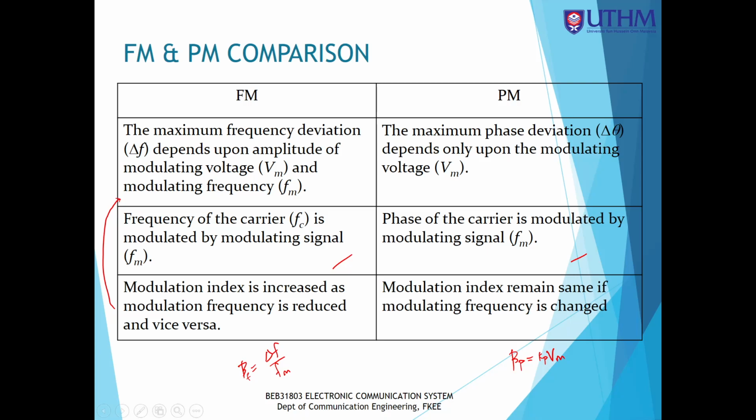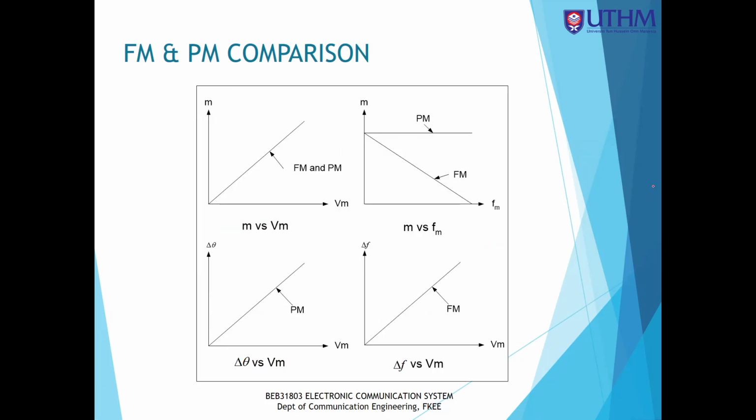It is not depending on the modulating signal frequency, while beta F is equal to KF VM over Fm. And if you see it in terms of graph, M here is actually the beta parameter, so beta F is equal to KF VM over Fm, and beta P is equal to KP VM.